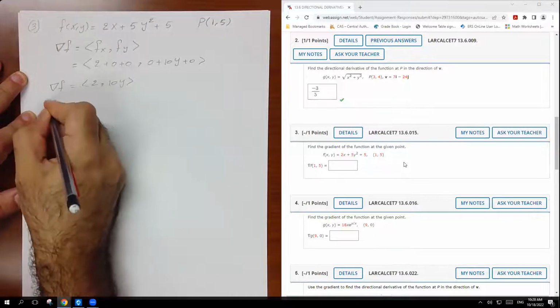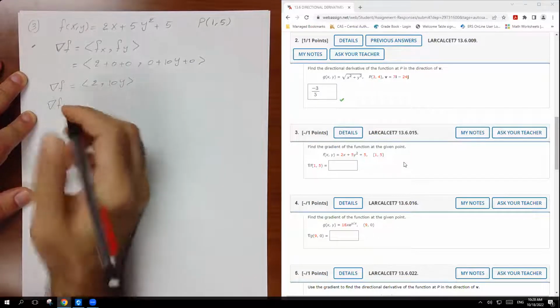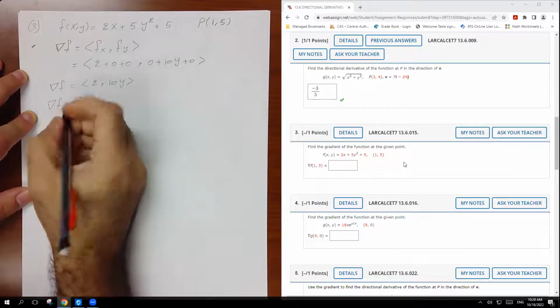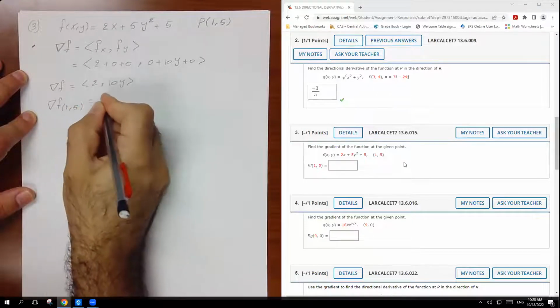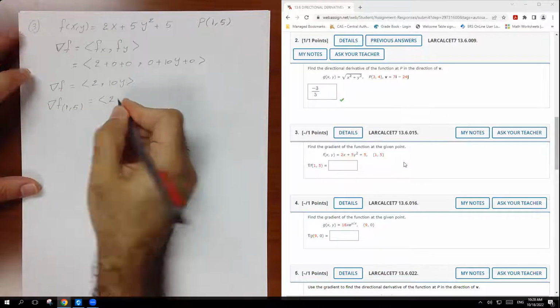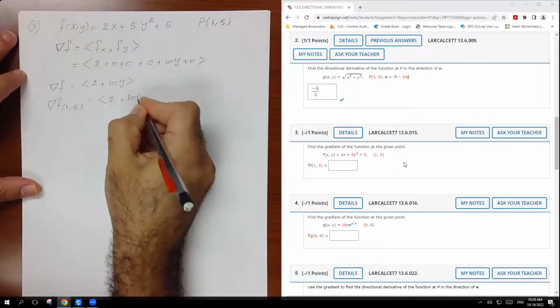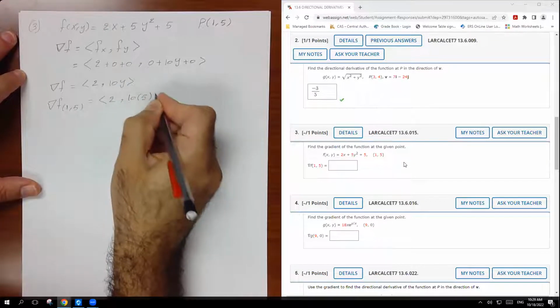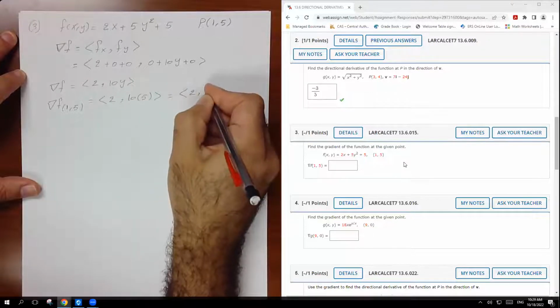Now to find the gradient of the function f at the point 1, 5, there's no x here, so we're just going to keep the 2. And here is going to be 10 times y, which is 5, so it's going to be 50.